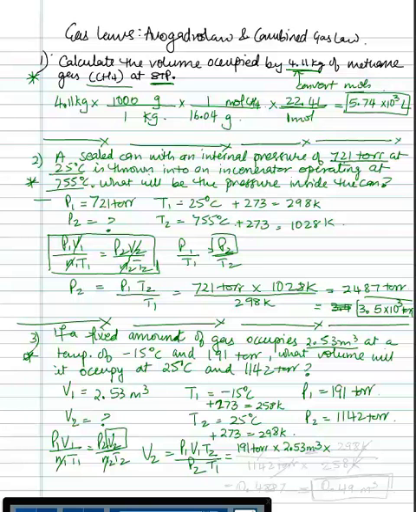The second temperature is 298 Kelvin, all divided by P2, the second pressure, 1142 torr, and T1 is 258 Kelvin. Kelvin and torr cancel, and we'll be left with meter cubed. Our final answer is 0.4887, which in two significant figures is 0.49 meter cubed. Again, not liters, this one is meter cubed.